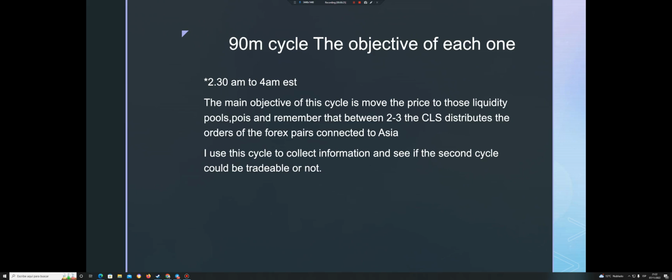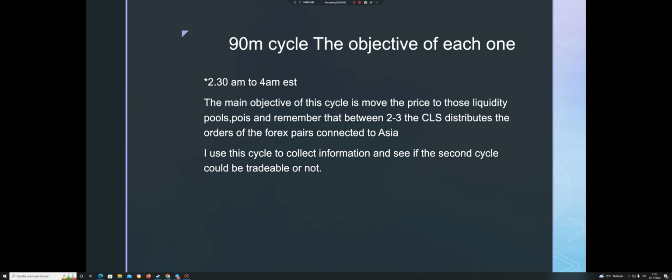And remember that between 2 and 3 the CLS distributes the orders of the forex pairs that are connected to Asia. So that's why between 2:30 and 4 you are not going to have a lot of volatility with those European pairs like EURUSD, GBPUSD.